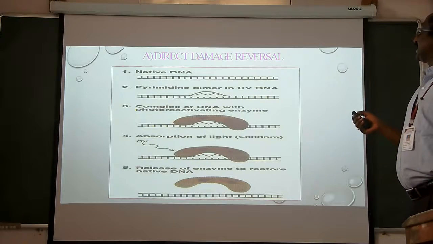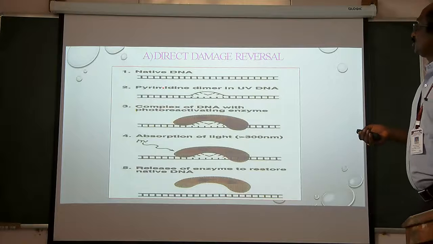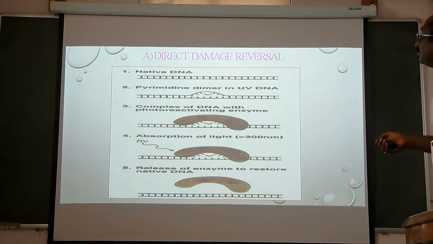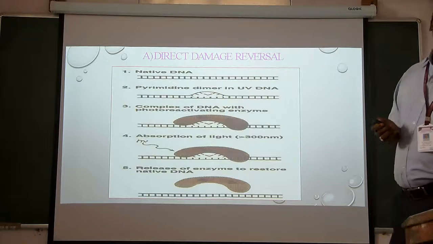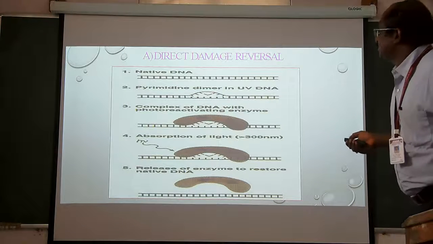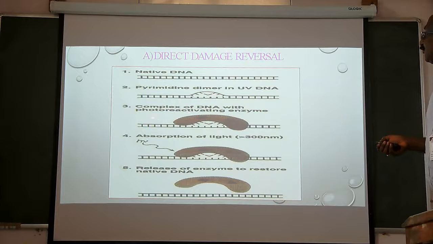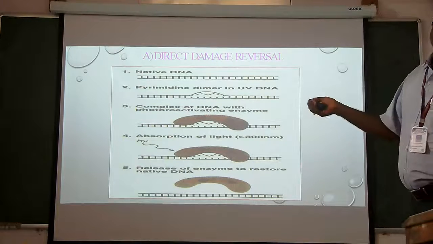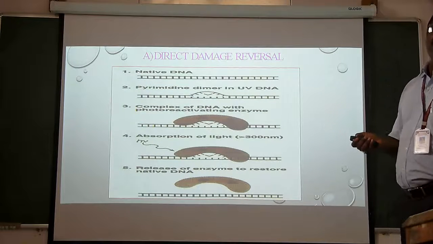So the next is direct DNA damage repair, which I explained. You can see this is the normal DNA strand, and here you can see the pyrimidine dimer, damaged because of the ultraviolet light. You can see a complex of DNA with a photoreactivating enzyme, photolyase. Just now as I said, that enzyme is very important.